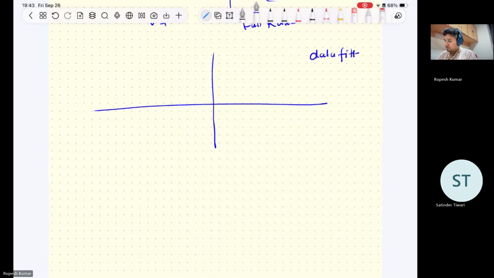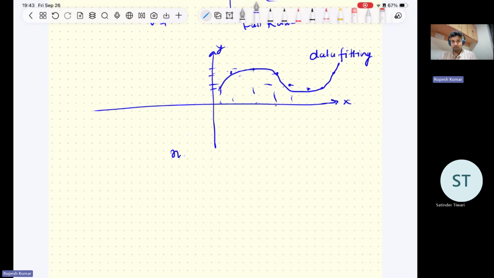Let's say I have some data, some XY pairs, X and Y, and we only know these discrete data points. The question is, can we find a polynomial of degree n such that it passes through all these data points? So this is the problem of curve fitting.